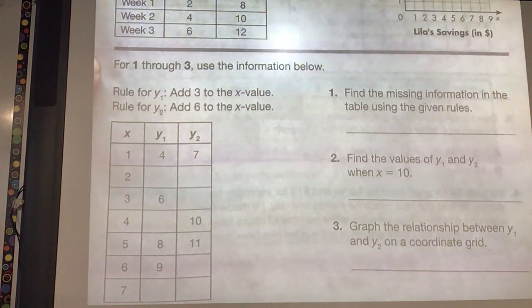If you did already, very good. We're going to be patient and let our friends finish. I figured out a pattern.